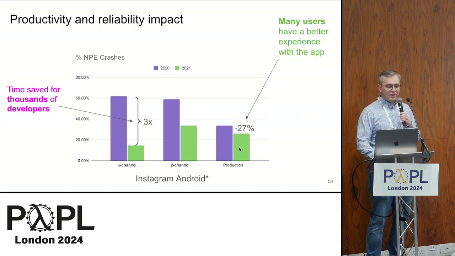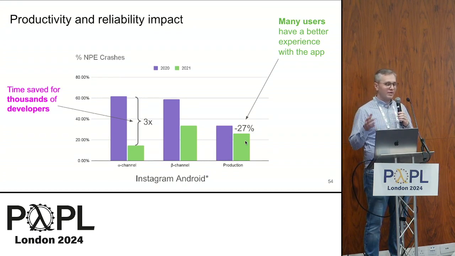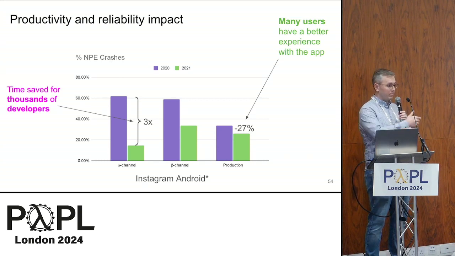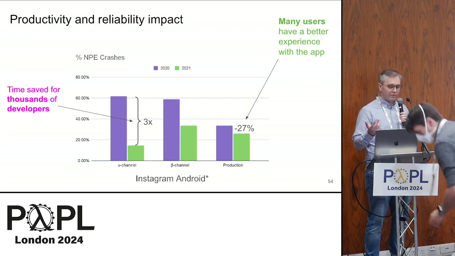Now, when it comes to production, as I learned over the years, real-world reliability is a lot more complex than just the type safety of, let's say, the client code. When we were working with particular teams on improving null safety of their parts of the code base, they reported numbers ranging from 35 to 80% reduction in the volume of NPEs.